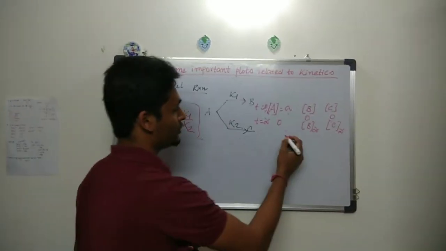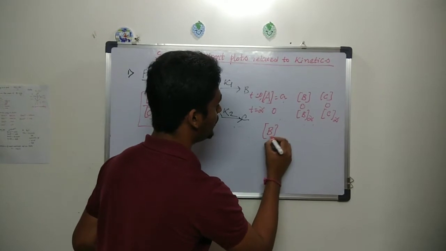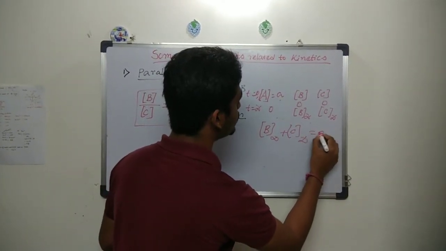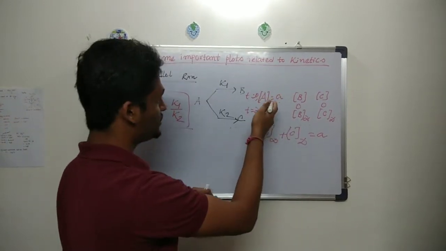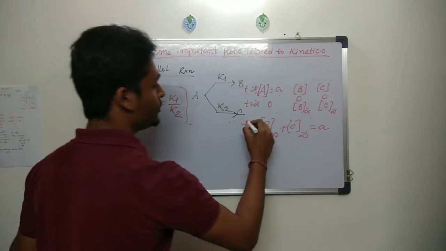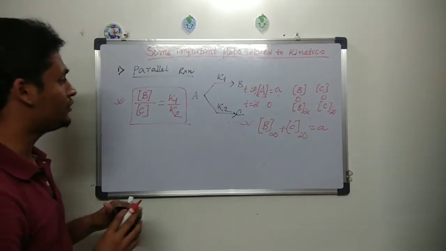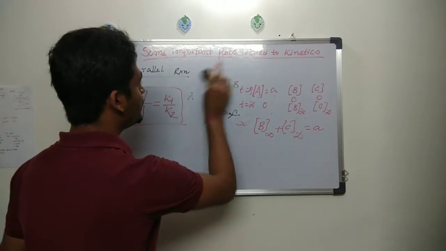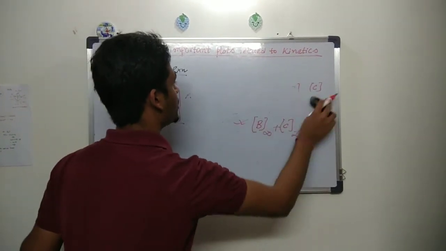So B infinity plus C infinity must be equal to A, the initial concentration of A. You need to remember these two equations in parallel reactions. Whatever graph we give you, if you can remember these two things, then you are done.